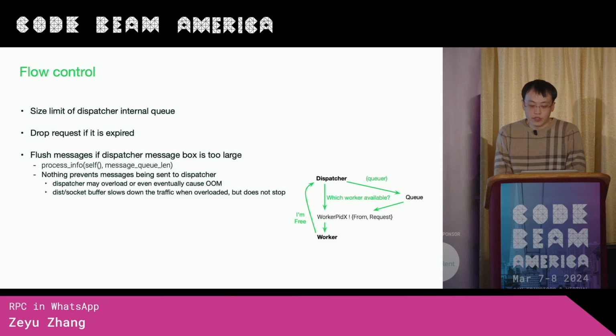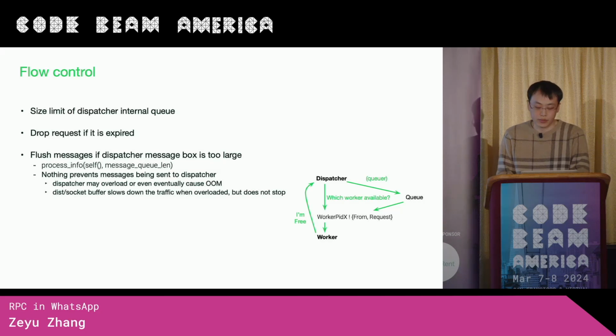And the flow control we did is basically a size limit of the dispatcher internal queue, as everyone did. We send the timeout together with the request, and if a request expires while waiting in the queue, we will drop it. We also flush and drop messages if the dispatcher message queue is too large, by frequently checking the process info message queue length.